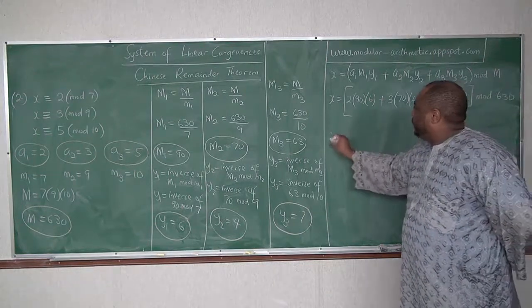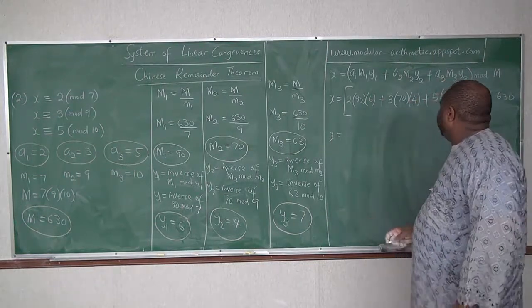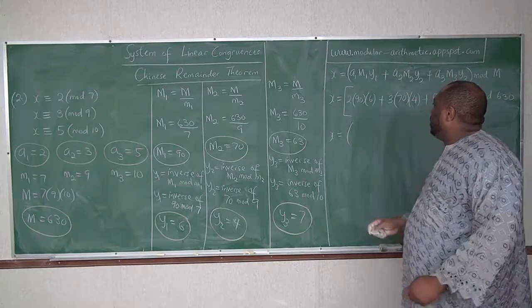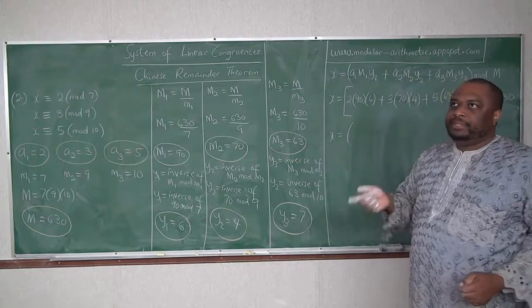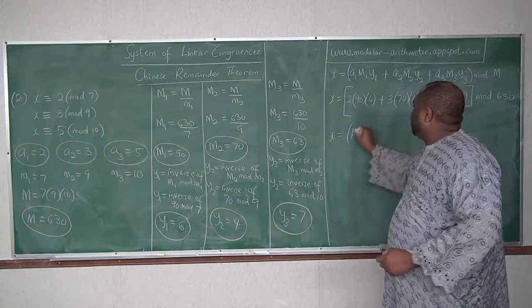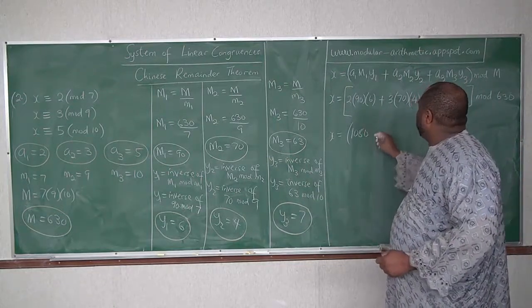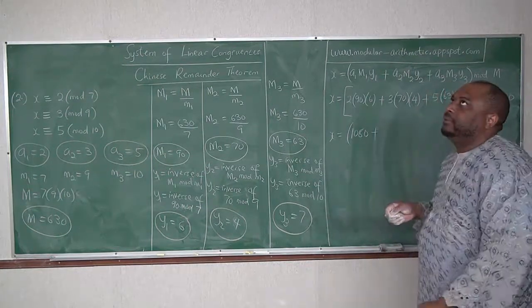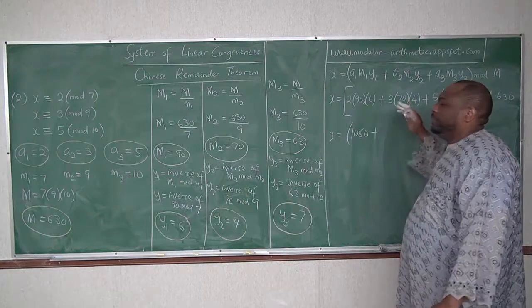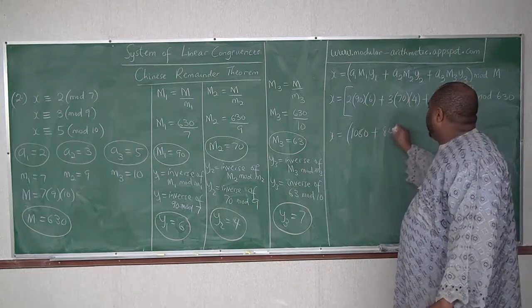So our x will be: 2 times 6 is 12, 12 times 9 is 108, so 1080. Plus 3 times 4 is 12, times 7 is 84, times 10 is 840.